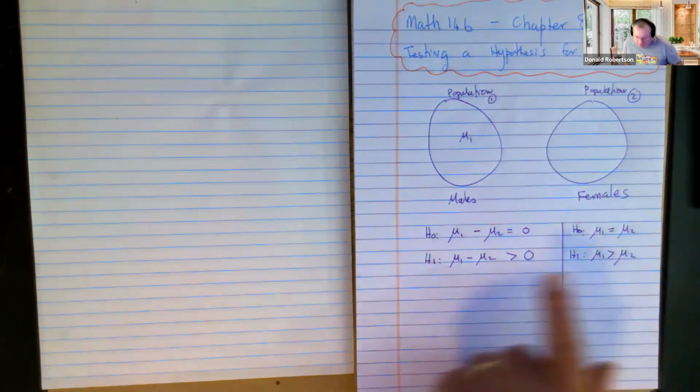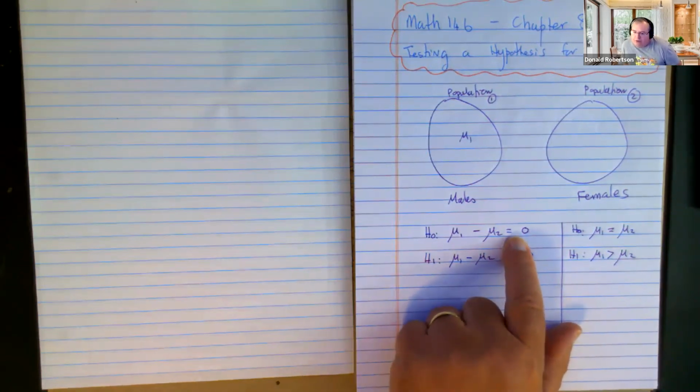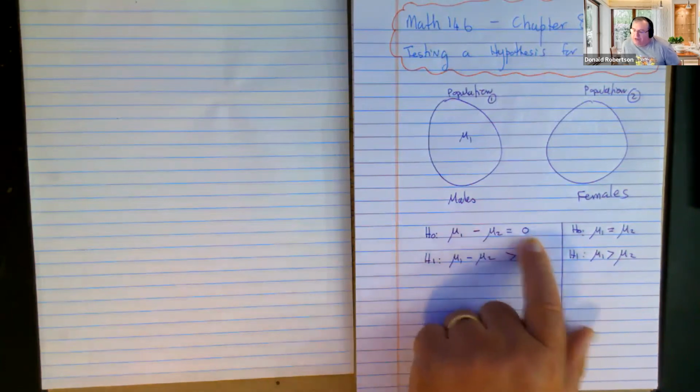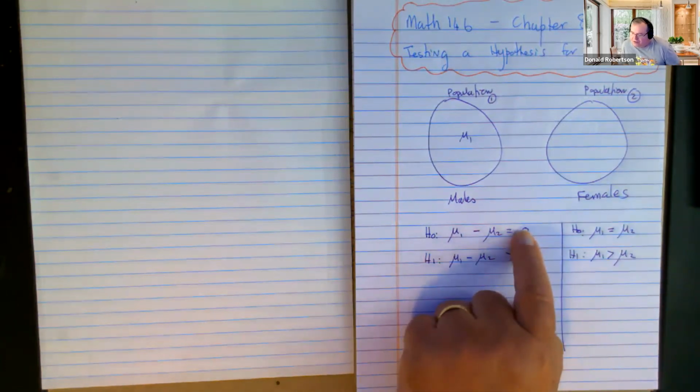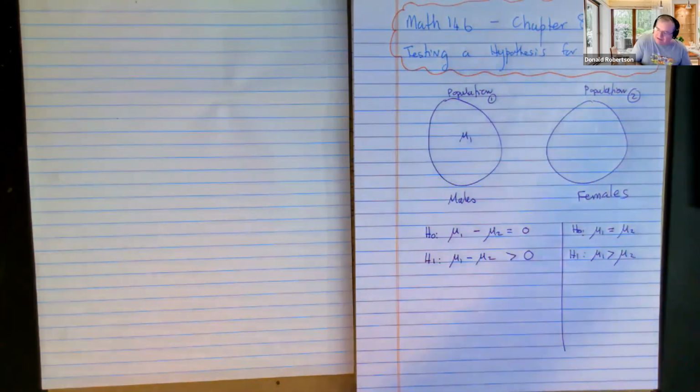You might think, well, there's no difference. There is a little difference later on. We are only doing the first level. The first level is that the difference is 0. Later on, you can make that number 10, and you can do a hypothesis test. Is the difference bigger than 10? In other words, not that I'm bigger than you, but I'm at least 10 more bigger than you, right?